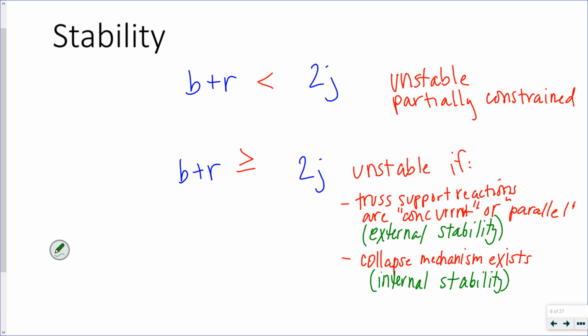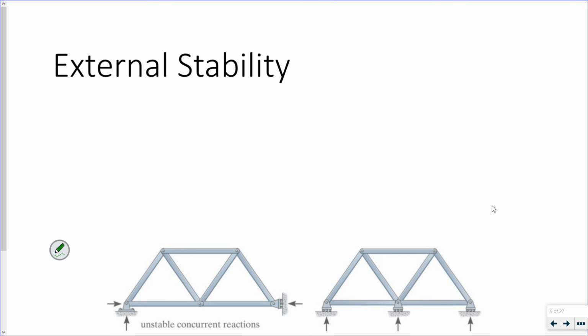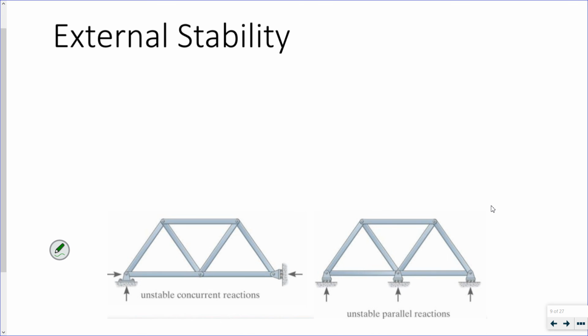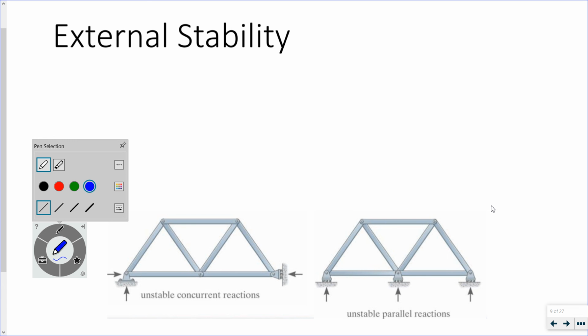So we have two different types of stability, external and internal. External refers to the thing as a whole. Internal refers to something within the structure. So I'm going to take a look at external stability first. That means that the entire truss itself is unstable.